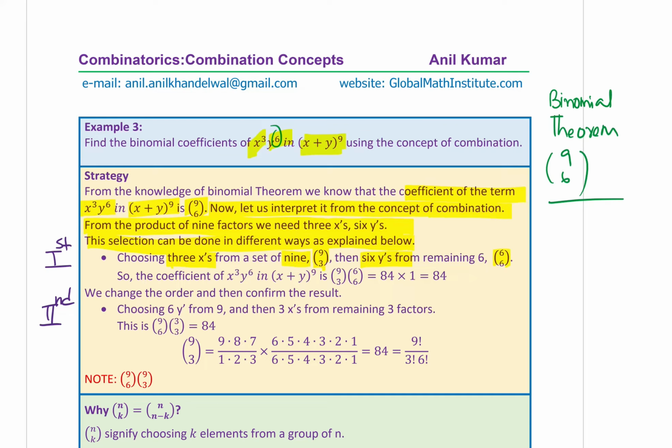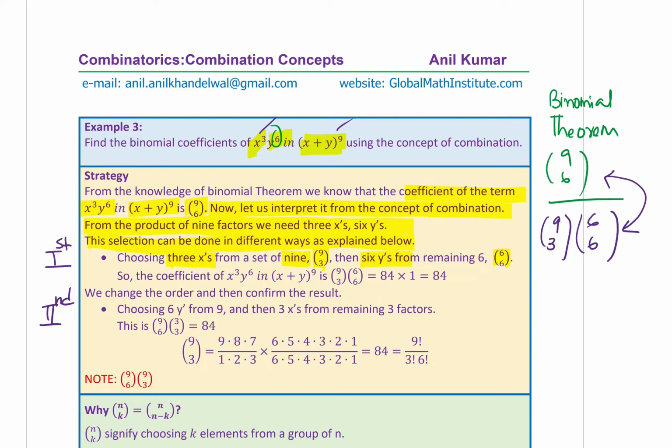You get the idea. First we selected the x's. There are 9 factors, so from the 9 we selected 3 x's. And then how many remain? 6 remain, right? So out of 6 we selected 6 y's, and that is our answer. You know both are equal, right? Okay, that could be the first approach.